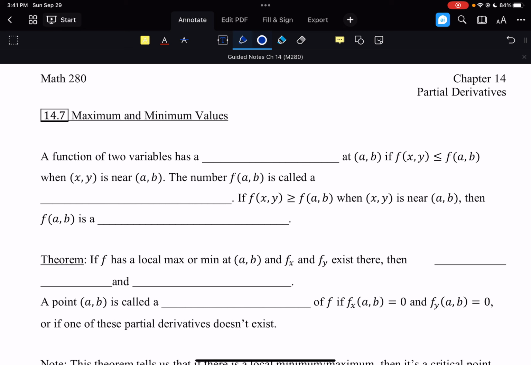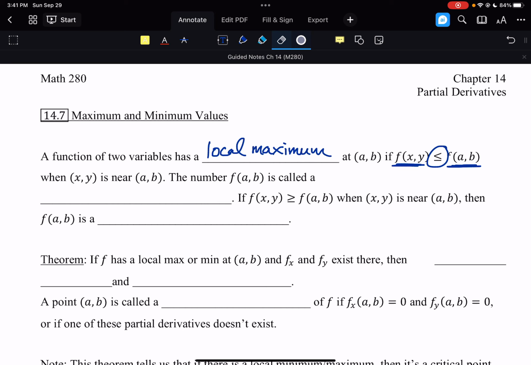So right out of the gate here, we say a function of two variables has a local maximum at a value (a, b) if f(x, y) is less than or equal to f(a, b) when (x, y) is near (a, b). So the output at (a, b) is bigger than the outputs near (a, b).